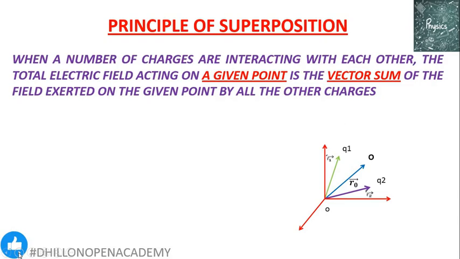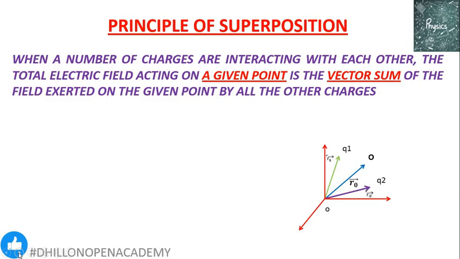In case of electric field, it states that when a number of charges are interacting with each other, the total electric field acting on a given point is the vector sum of the field exerted on the given point by all the other charges.